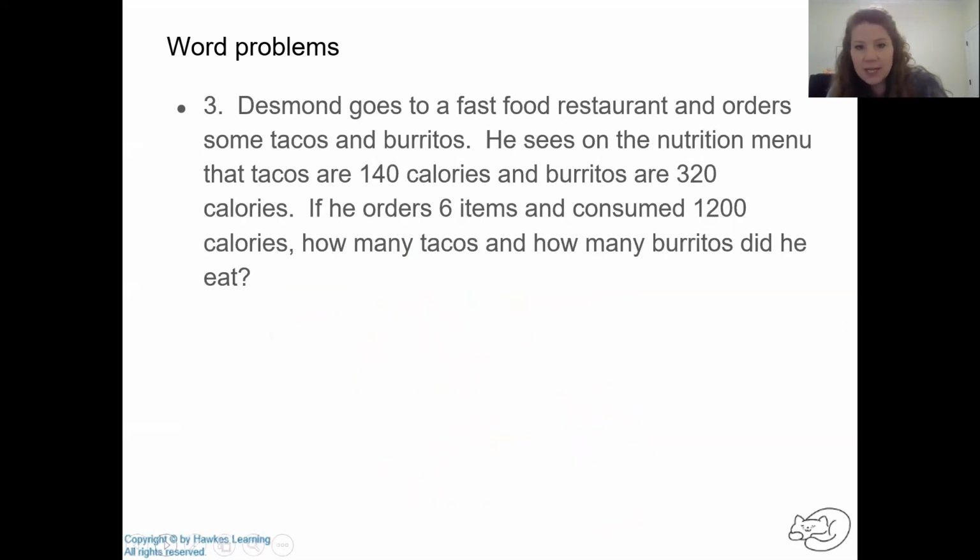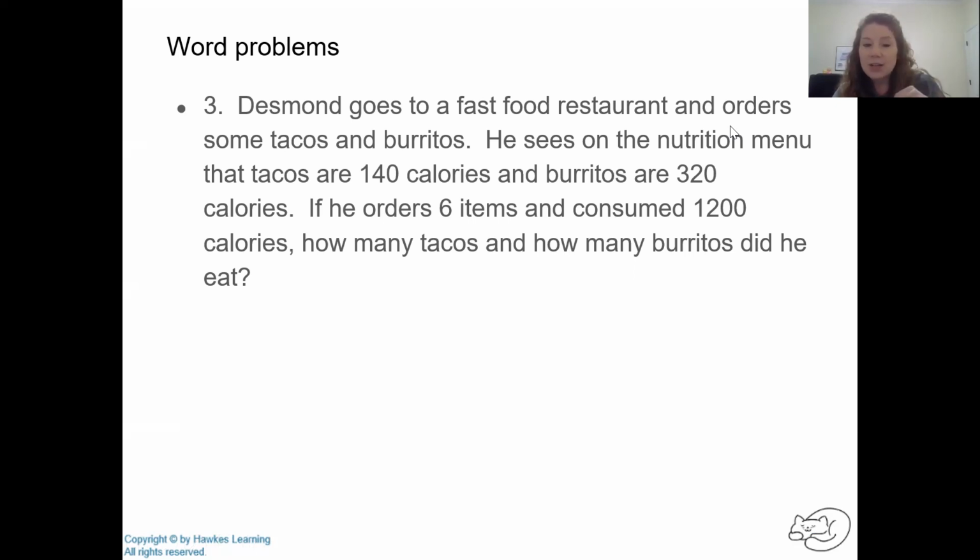Desmond goes to a fast food restaurant and orders some tacos and burritos. He sees on the nutrition menu the tacos are 140 calories and burritos are 320. If he orders 6 items and consumes 1,200 calories. All right, so we have tacos and burritos equals 6 items.